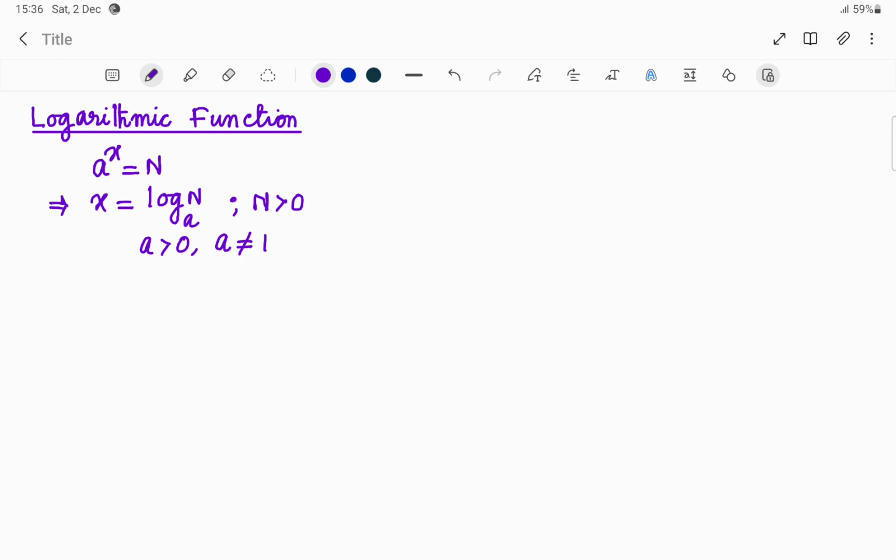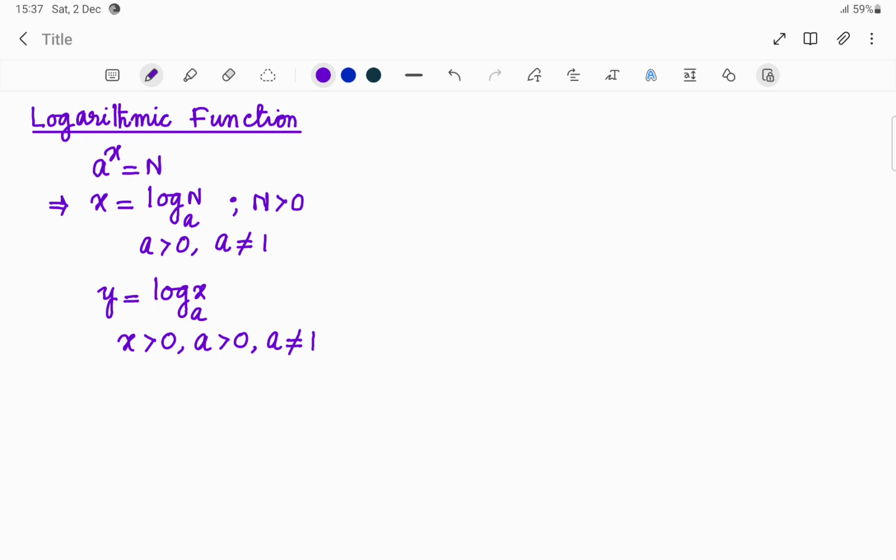It means a logarithm is defined only for positive real numbers with a positive base which is not equal to 1. Suppose y is equal to log x base a. You can define this only under the condition x is greater than 0, a is greater than 0 and a value is not equal to 1.